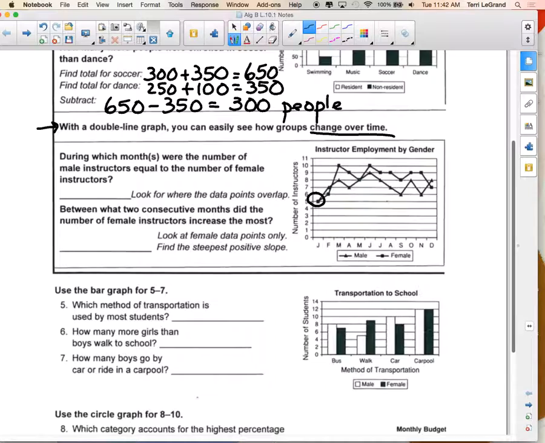Right there in January, okay? Is that the only month? Is there another time, Devante? May. So May is this one right here, and it appears the two lines are intersecting at that spot. So we can say January and May.